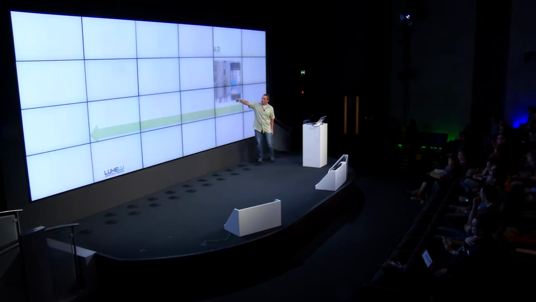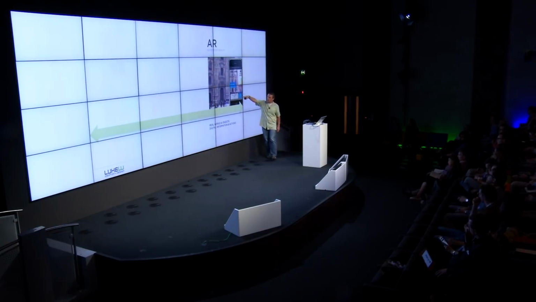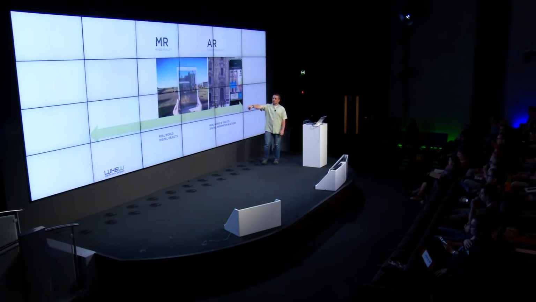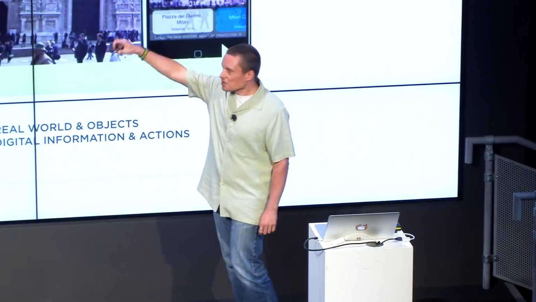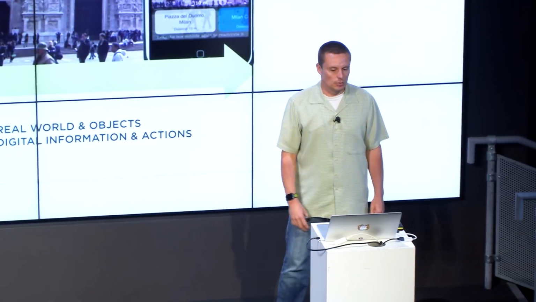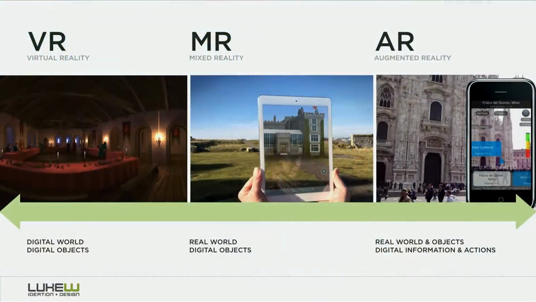Are we going to augment reality by putting digital information and digital actions on reality? Are we going to put virtual objects into the real world in what some people call mixed reality? Or is it going to be virtual worlds, virtual objects, which is a little bit more like virtual reality? All right? If you ask me, I think this is still being worked out.